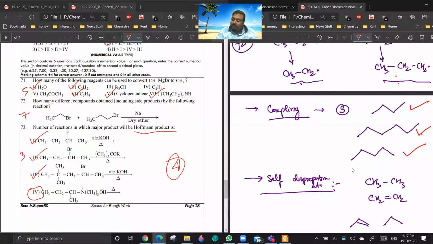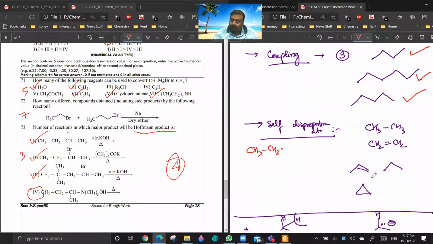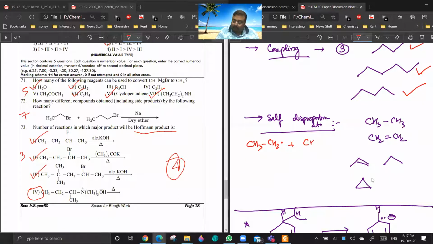If you're doing it for CH3CH2 dot, then what will happen? You can visualize this to be reacting with this. If this takes this hydrogen and this dot is there, then you'll be getting CH3 like this.